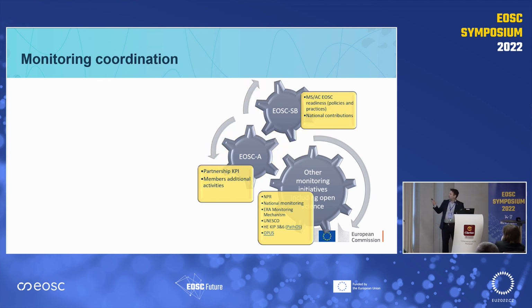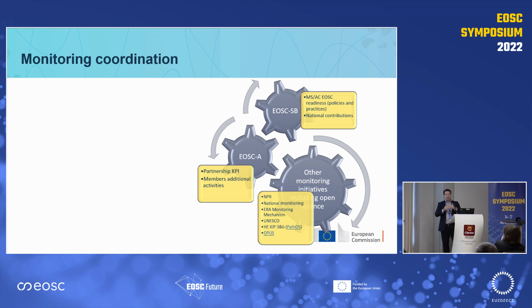So I want to point at this again, that we have complementary systems, a coordination. So the countries look at the EOSC readiness, that's policies and practice, and how these link to each other, what Sophia just presented.